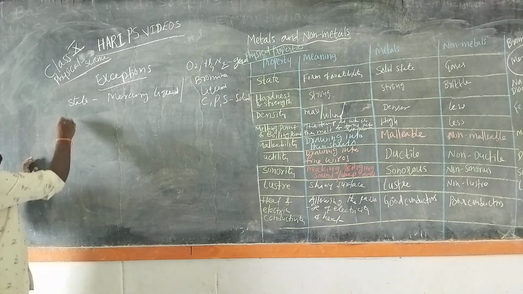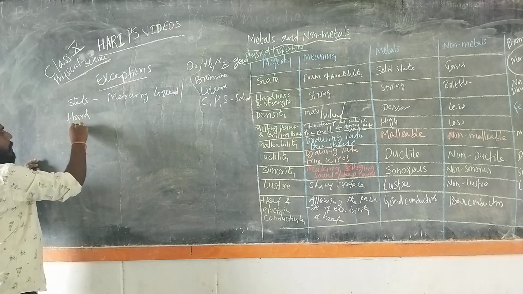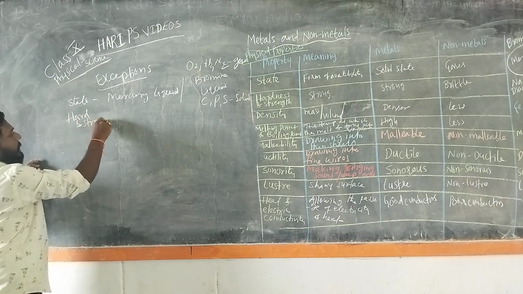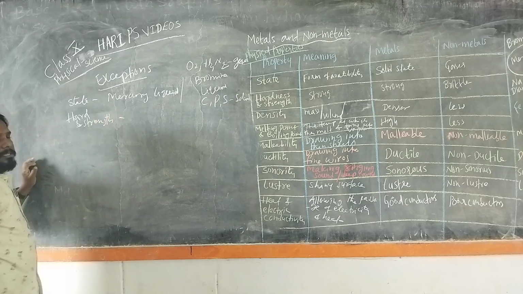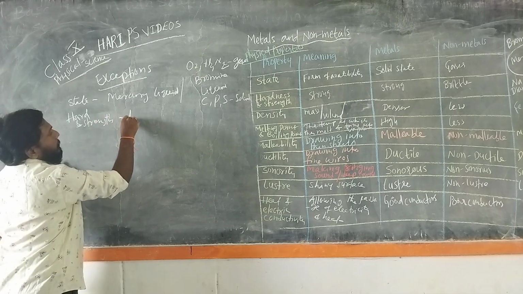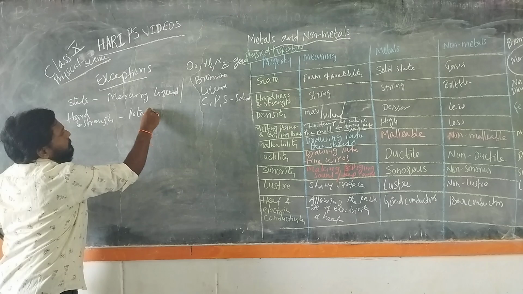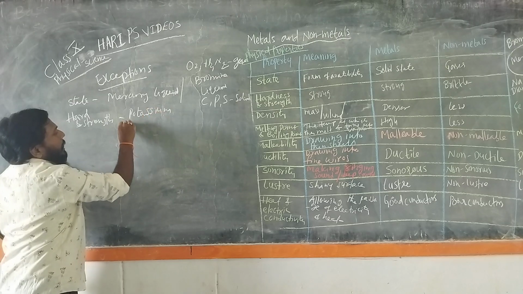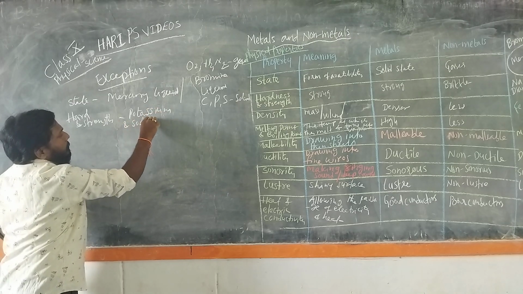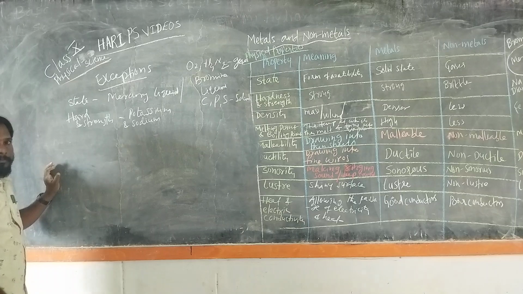Then hardness and strength. Metals are strong in nature, but potassium and sodium are soft.